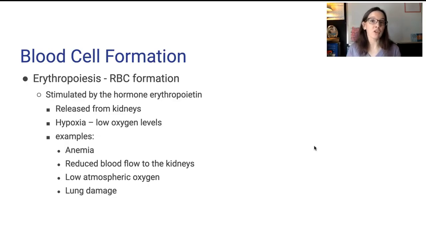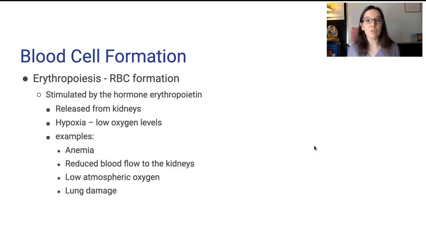So hemopoiesis is just the formation of all blood cells. Erythropoiesis is specifically the formation of red blood cells, and this is stimulated by that hormone erythropoietin. And interestingly enough, it's secreted or released by the kidney. Now, what does the kidney have to do with your blood cells? Well, the function of the kidney is to filter your blood, and it does not count, like, oh, there was 1 and 2 and 3 and 5 million and 6 million red blood cells. It doesn't do that.